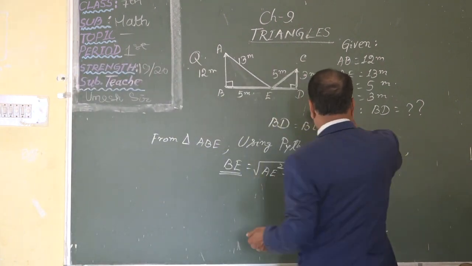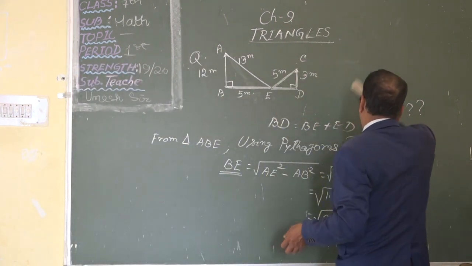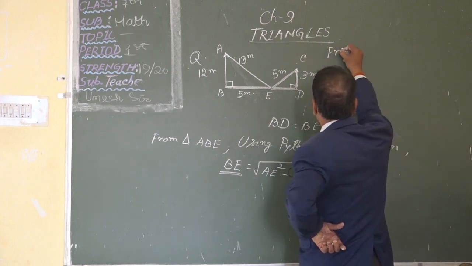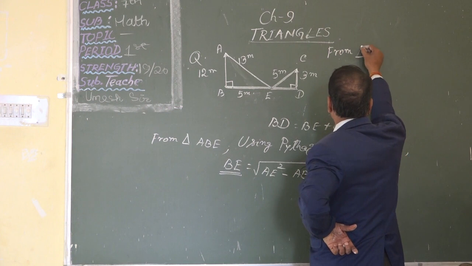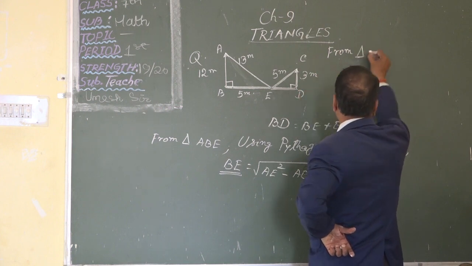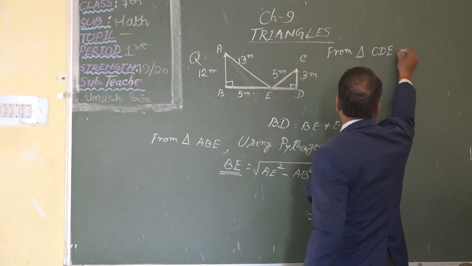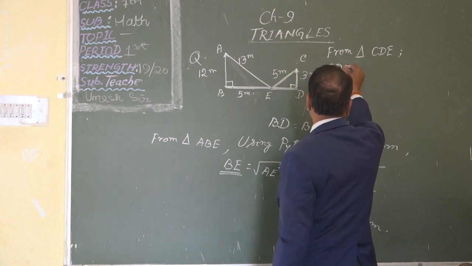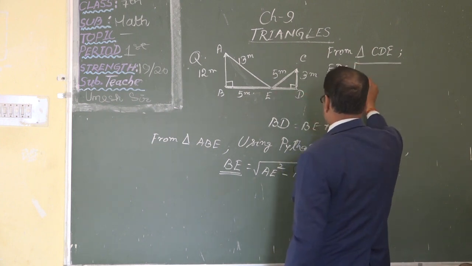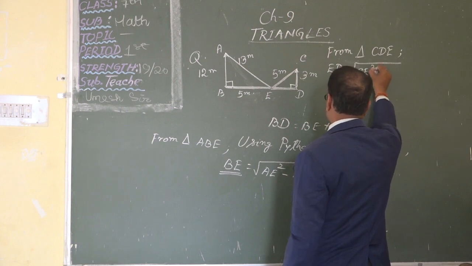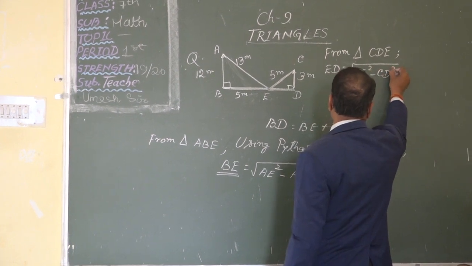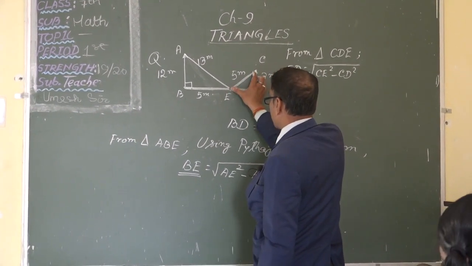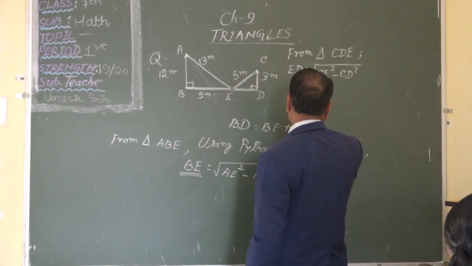So from triangle CDE, ED is equal to square root of CE square minus CD square. This is CE, this is CD. So this square minus this square.